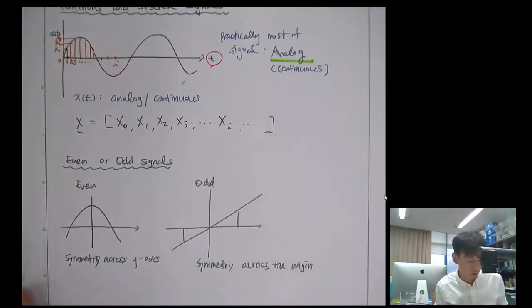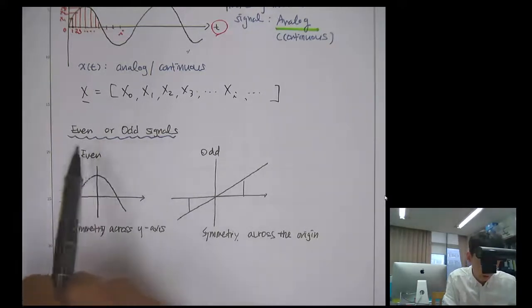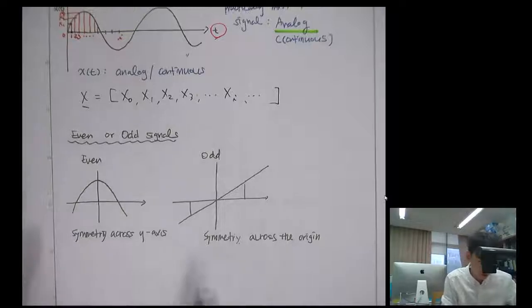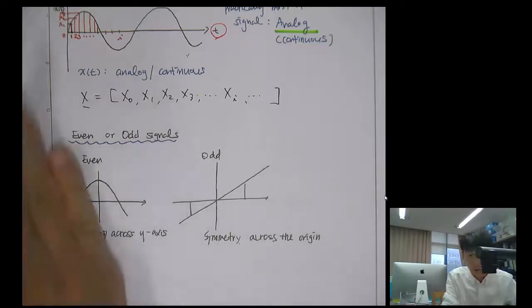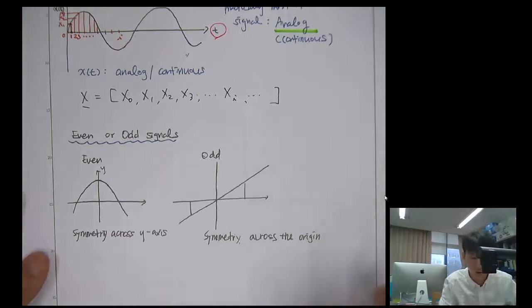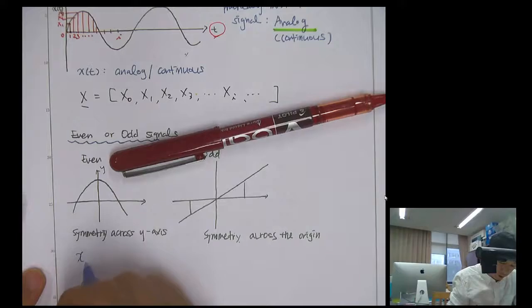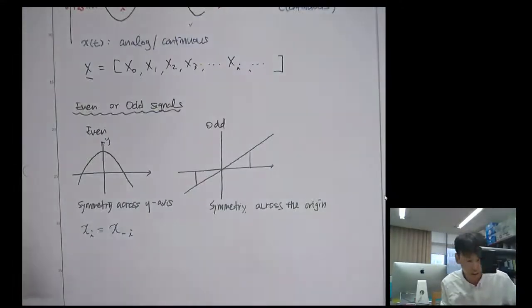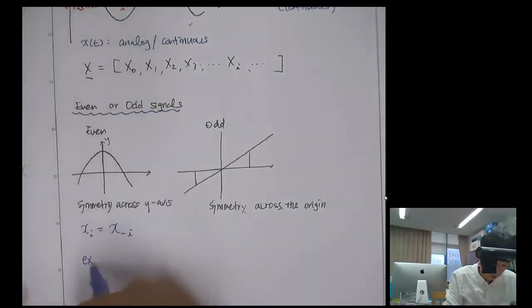Or it could be a matrix. And there are even or odd signals. Even signals are symmetric across the y-axis. So when you fold it along the y-axis, it will be identical. An example of that is cosine. Mathematically, x i is the same as x minus i.